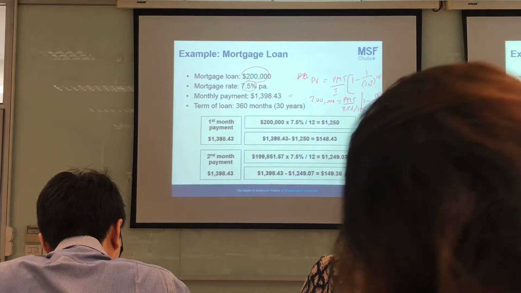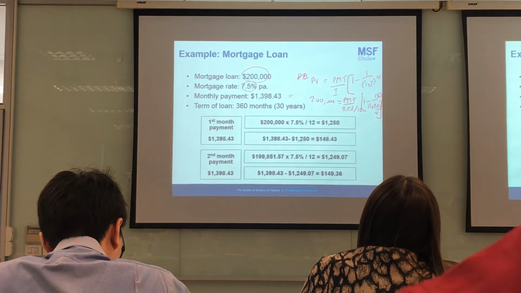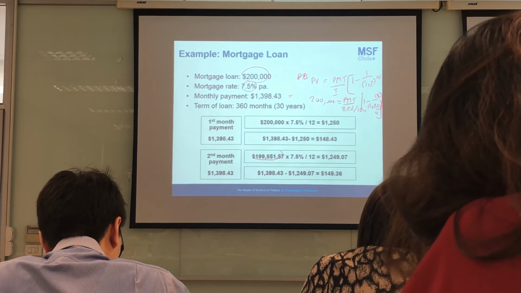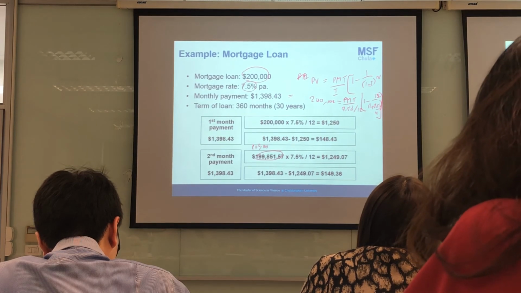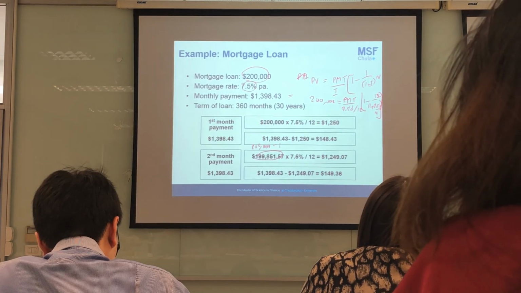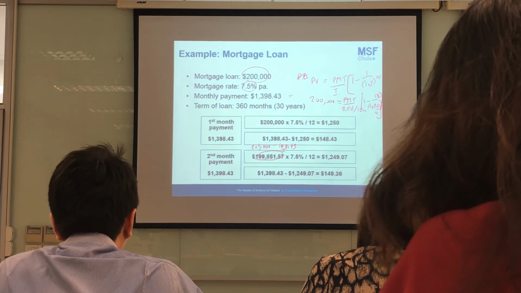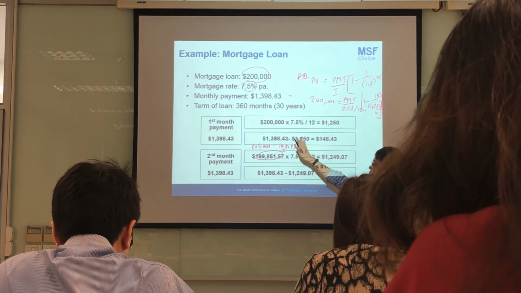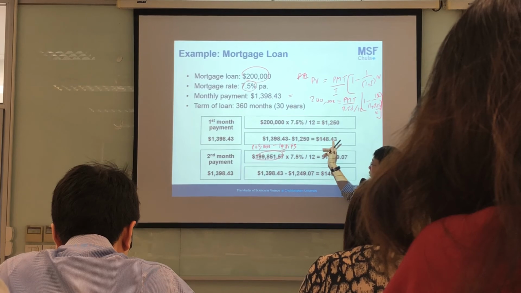So at the end of month 1, the principal is not equal to 200,000. The principal at the end of month 1 would be 200,000 subtract this principal repayment for month 1.